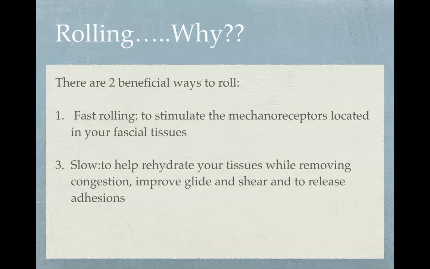The reason we do that is that probably 6 or 7 times more receptors are in our fascial tissues. What are our receptors? I think we're going to go into that a little bit later, but they basically tell you your pain, where your body is in space, and how your body is. Basically, sense of well-being, or when you're hungry. You have something that tells you you're hungry. That's one of the receptors we have, and most of those are located in your fascia.